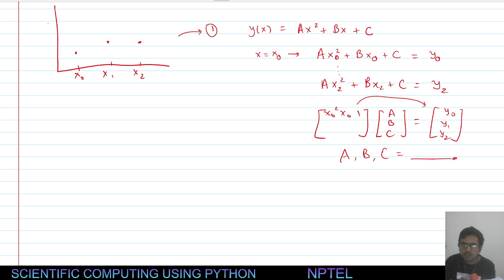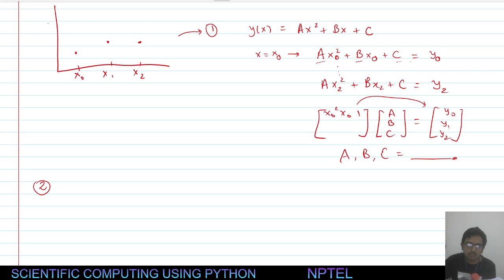So this is one way to do it, but the other way is the general way. And similarly, you can do this for a cubic polynomial also, right? If you have 4 data points, you have 4 coefficients a, b, c, d, but then again you have 4 equations because you have 4 data points. So again you will be able to determine that uniquely.